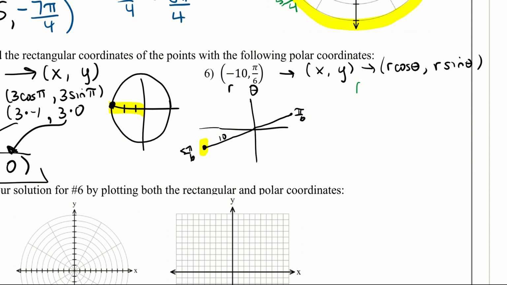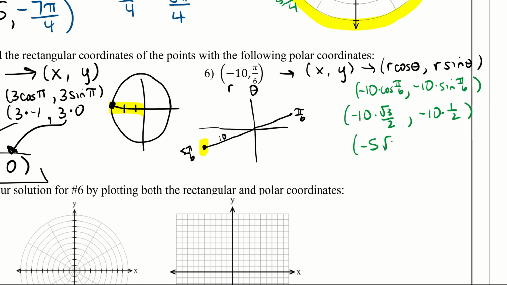We could think of this as negative 10 times the cosine of pi over 6 and negative 10 times the sine of pi over 6. So I'll end up with negative 10 times root 3 over 2 and negative 10 times 1/2. So I should end up with negative 5 root 3 and negative 5.